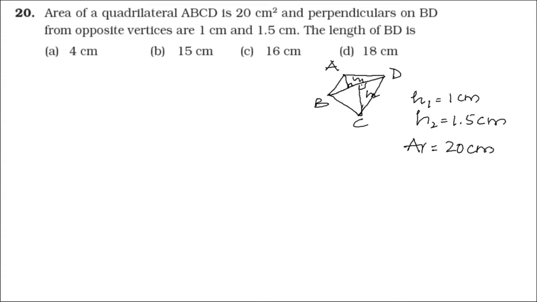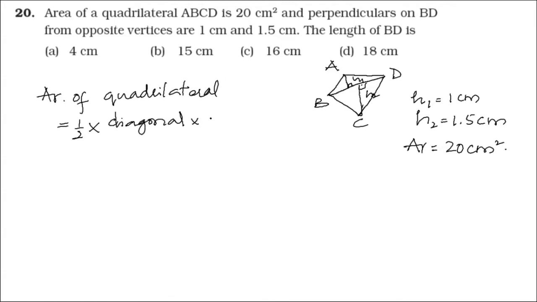We all know that area of a quadrilateral is nothing but half into the product of the diagonal, which is a common diagonal, multiplied by the sum of altitudes.